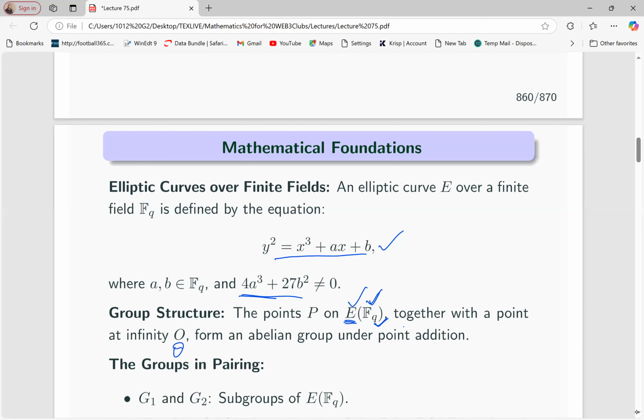So the points of this elliptic curve, together with the point at infinity, form an abelian group under addition. And this we've already said.